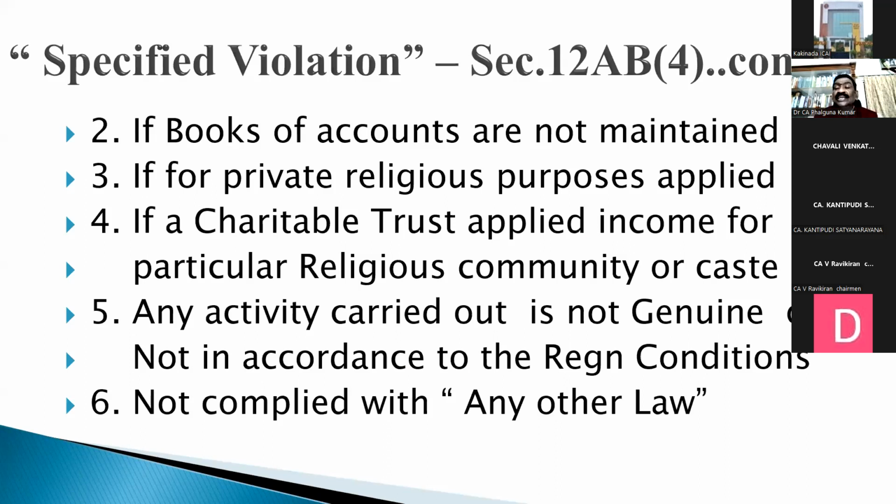If you have not complied with any other law, as I already explained for your objects, what is related means that you have not complied, then also the specified violation will come, which ultimately may lead to cancellation. The commissioner only has the power to cancel.